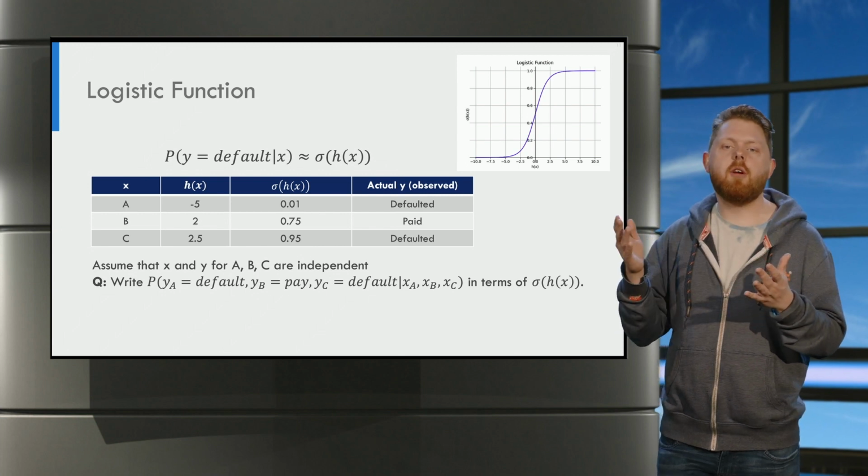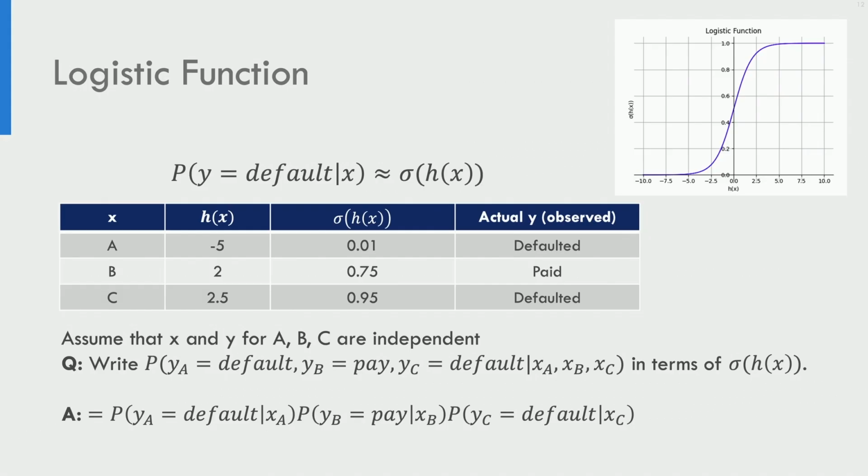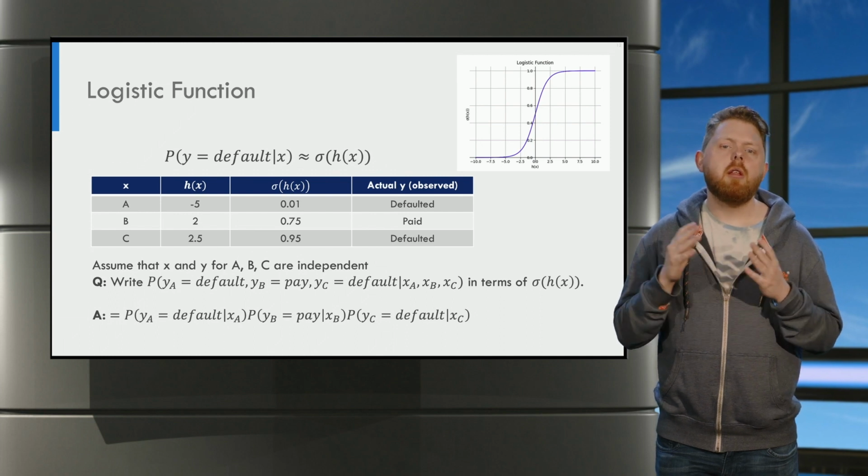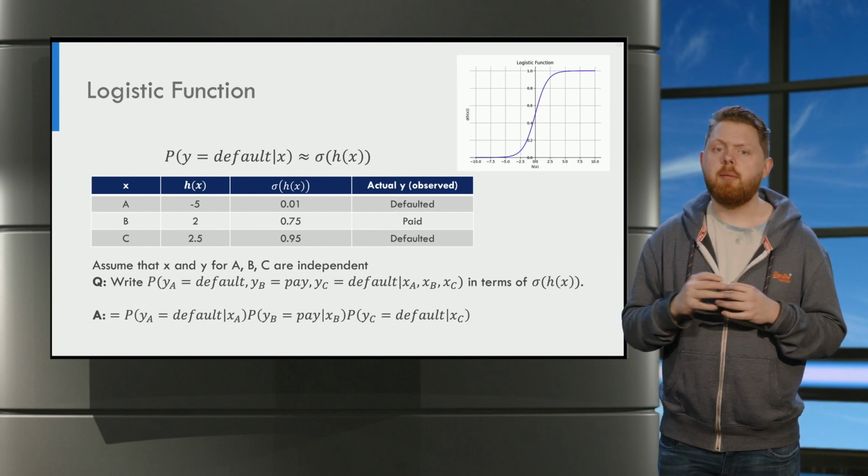Okay, let's discuss the answer. Since the persons are independent, these events are independent. This means we can split the big probability into these individual probabilities and multiply them. That was the first step. Now let's talk about the second step.